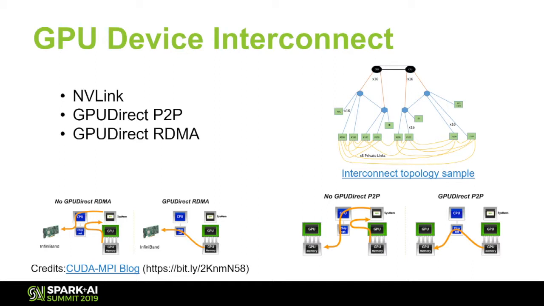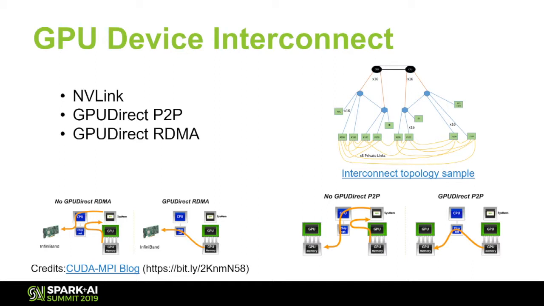So the advantage with RDMA or GPU direct, whether it's P2P or RDMA in general, is that it is possible to completely bypass the CPU, and it is possible to avoid multiple memory copies when you do that. So in the picture in the slide, you see that in the no GPU direct option, the data that needs to be transferred is copied from GPU memory to system memory first, and then it is copied to another location in system memory so that it can be accessed by another process that can transfer the data over.